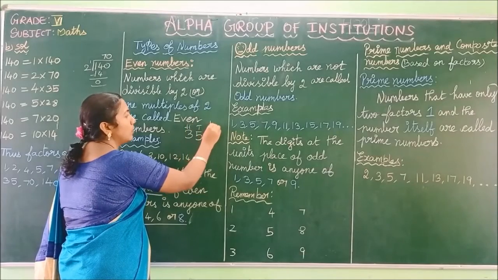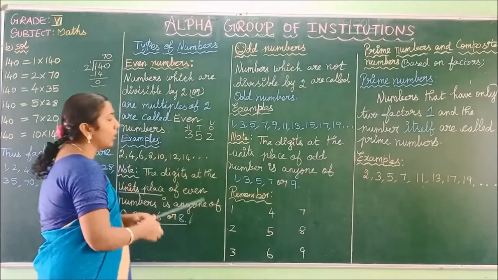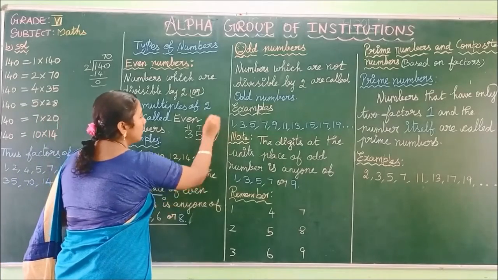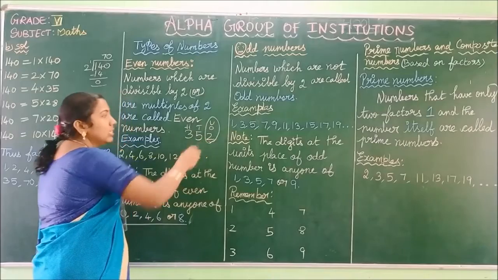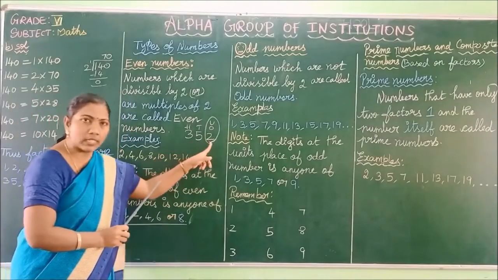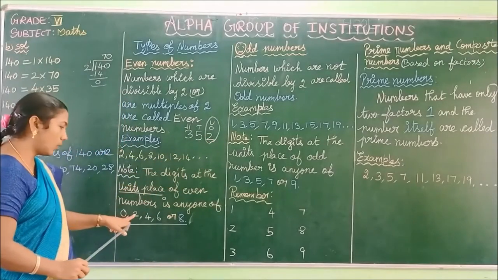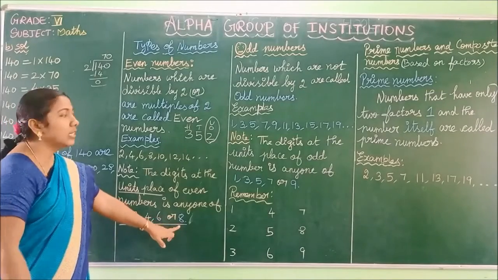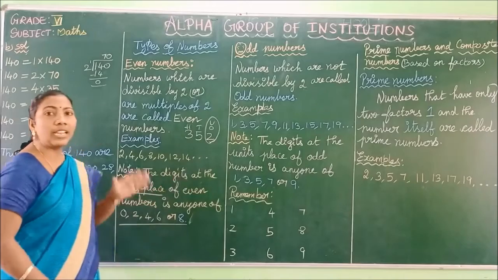You can also call this place value the unit place. Observe the digit in the unit place. What is the digit in the unit place? 2. If the digit in the unit place is 0 or 2 or 4 or 6 or 8, then we can say that number is an even number.